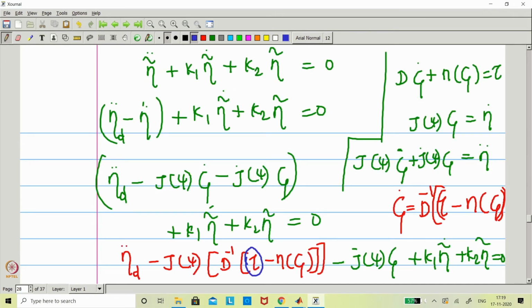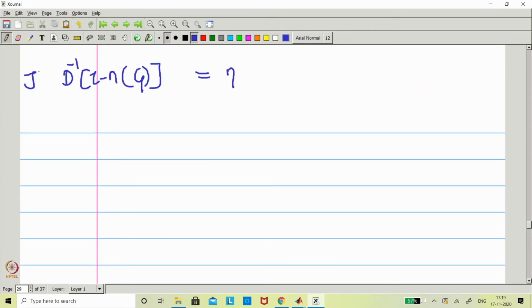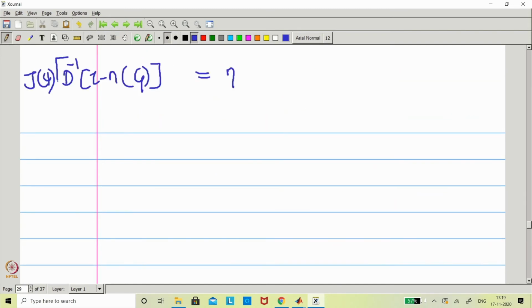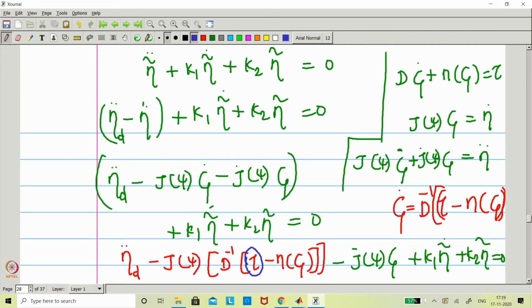I multiply and put J inverse also here. This remains as it is, but there is a negative sign, since it went to the other side.